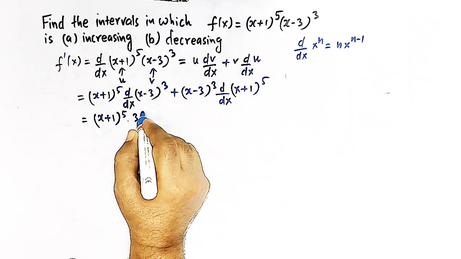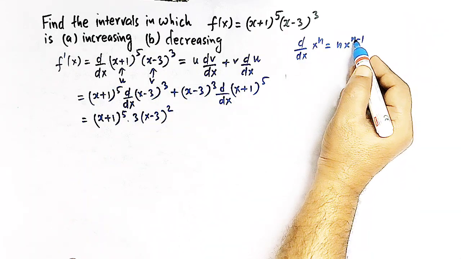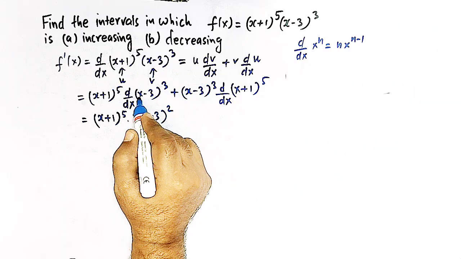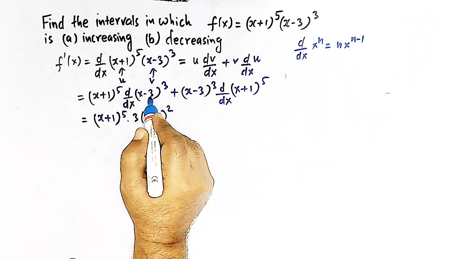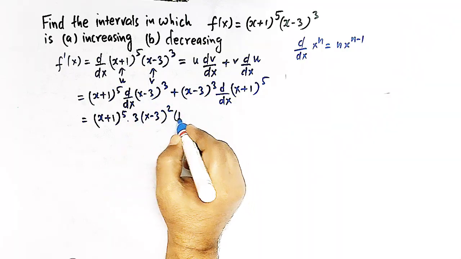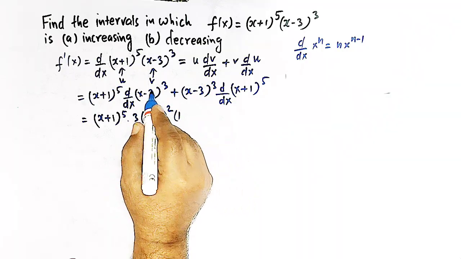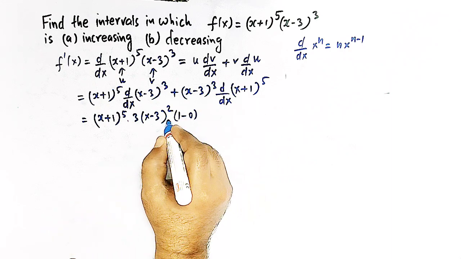So we have 3 times (x - 3)^2, since 3 minus 1 is 2, and then by chain rule we differentiate x - 3. The derivative of x - 3 is simply 1 minus 0, as the derivative of 3 is 0.